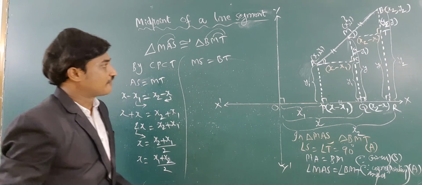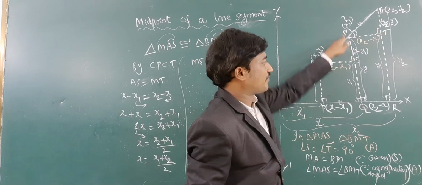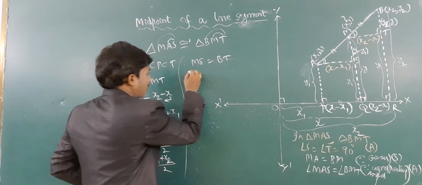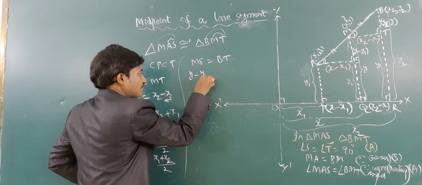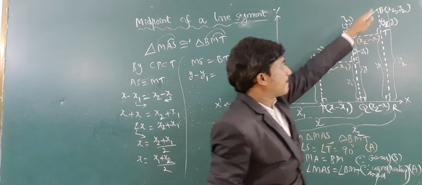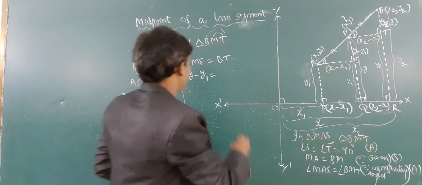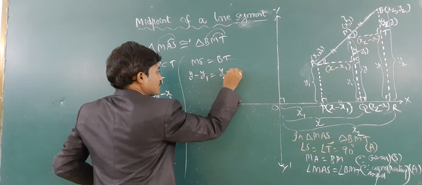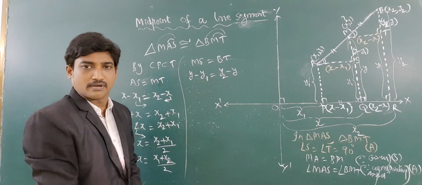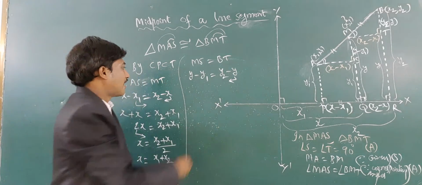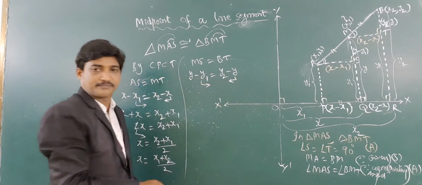MS length is y minus y1 units, so y minus y1 is equal to BT. BT length is y2 minus y. Transpose minus y to the left side and minus y1 to the right side.